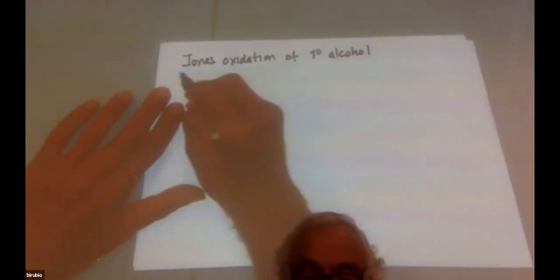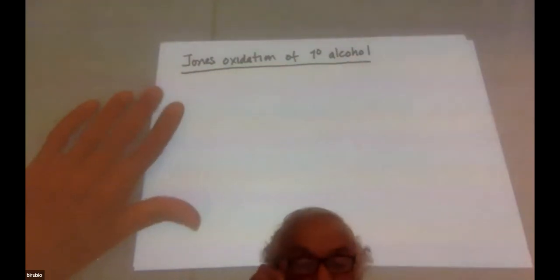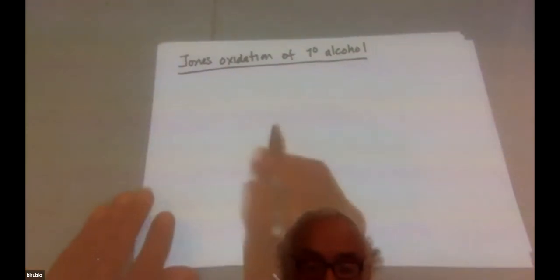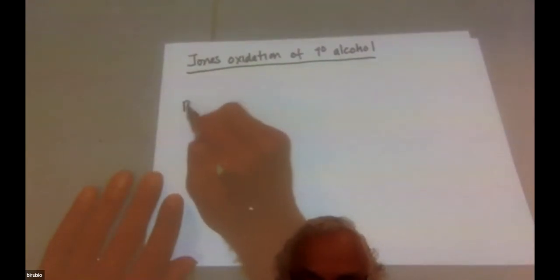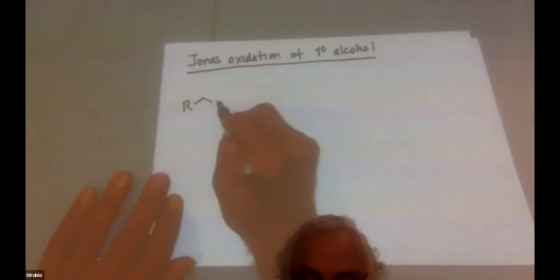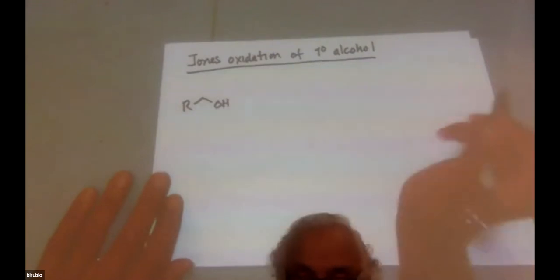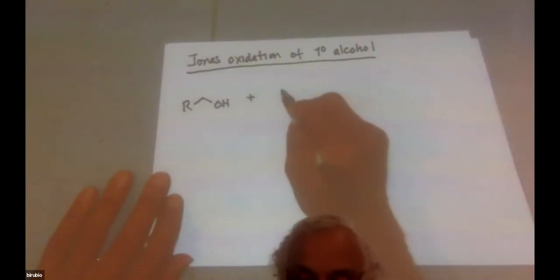And remember, this goes all the way to a carboxylic acid. All right, so here's our primary alcohol. There's the chromium trioxide.